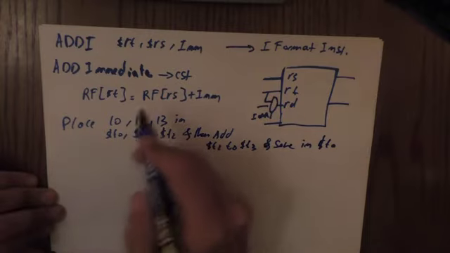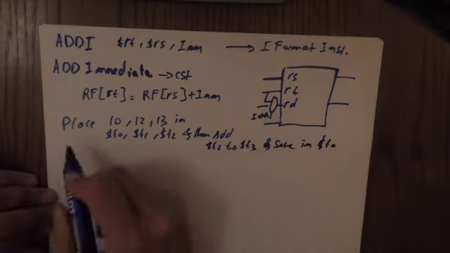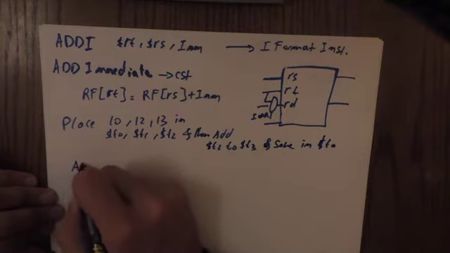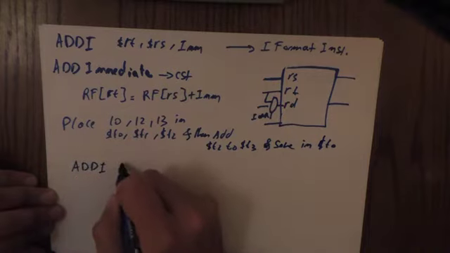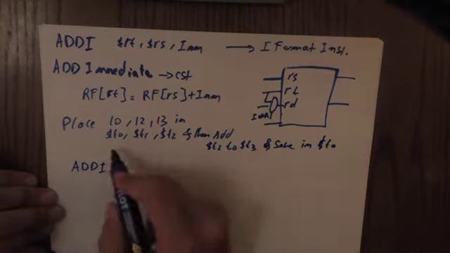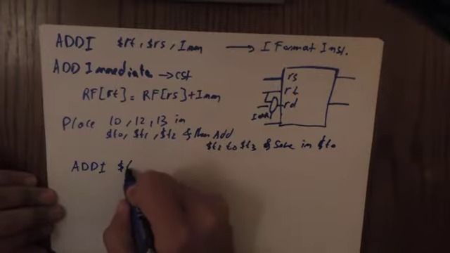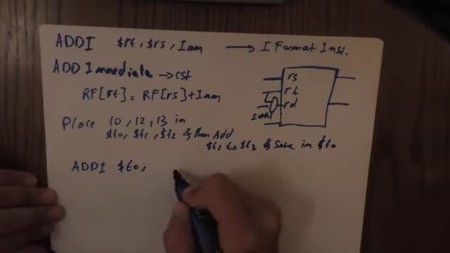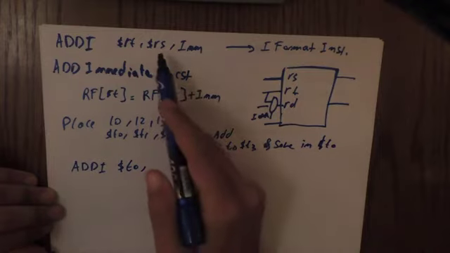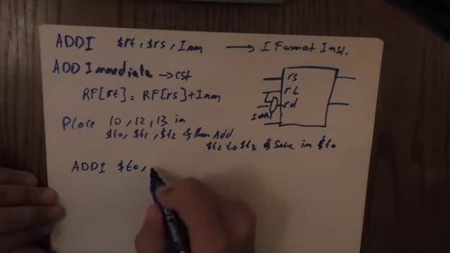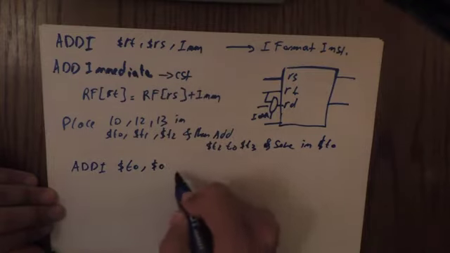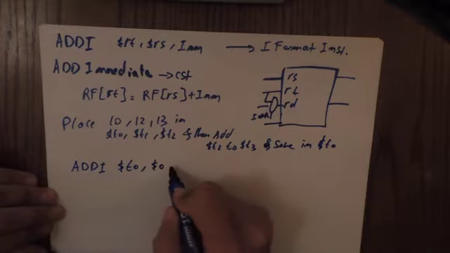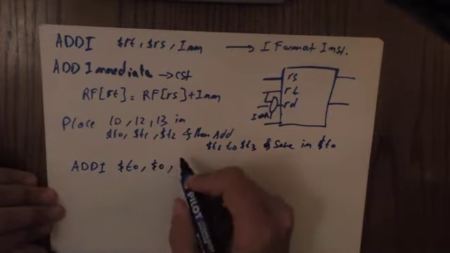So this is very simple. We use the AddI instruction to bring data inside the register file. So the way to do it is we do AddI, starting with T0. We need to place 10. The only way to place 10 is by actually adding it to 0. And we have this nice register $0, which is always 0, which comes in handy here.